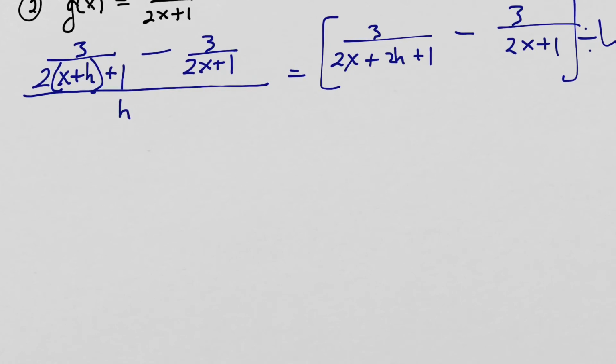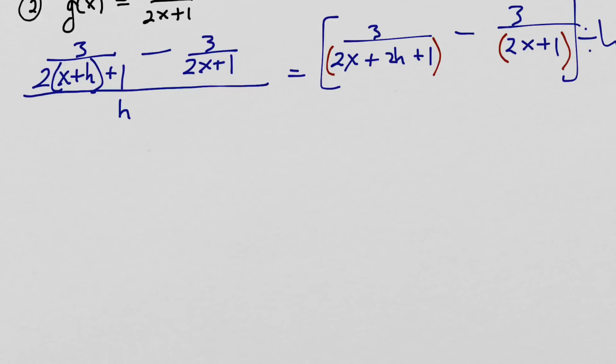What I'm going to do here is recognize that I've got a denominator here that looks like this and one here that looks like that. So I need to get a common denominator, which is going to be this times this. I need both of them in the denominator.